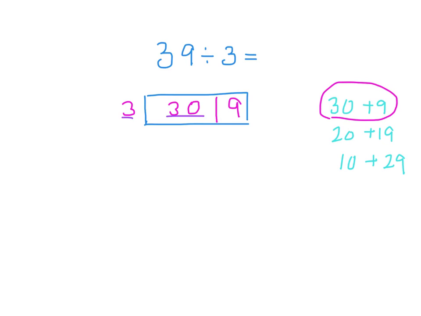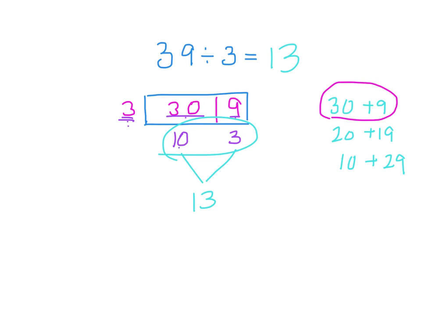30 divided by 3 is 10, because 10 times 3 is 30. 9 divided by 3 is 3, because 3 times 3 is 9. Now I have my partial quotients, and I add those parts together to get the final quotient. 10 plus 3 is 13.